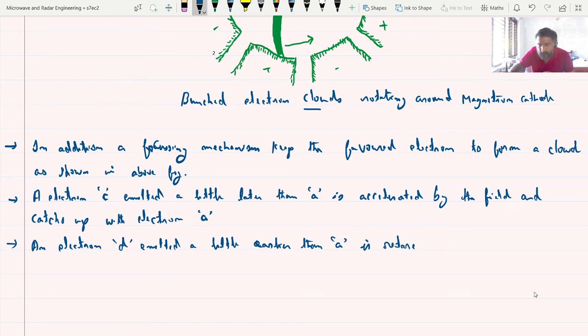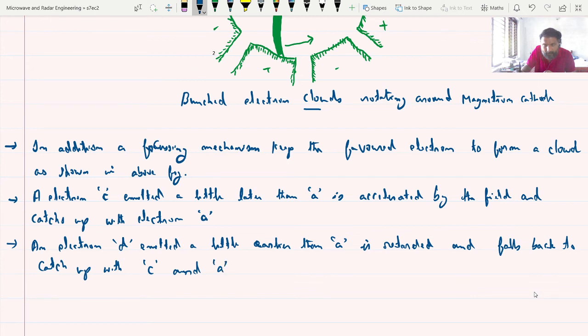Previously it was accelerated, now it is retarded, and falls back to catch up with C and electron A, which is nothing but forming a bunch. Okay, so these are the things what I had to explain to you.